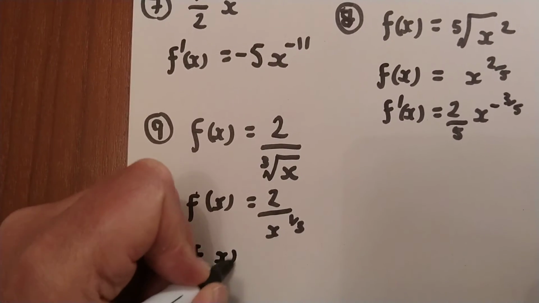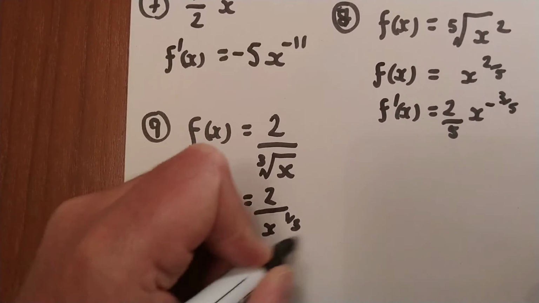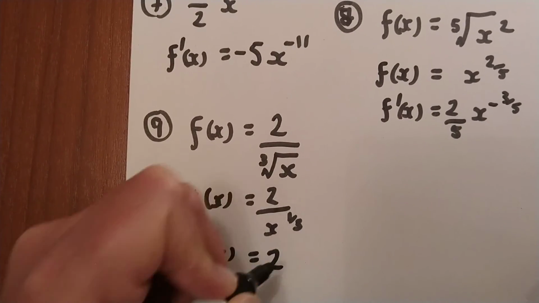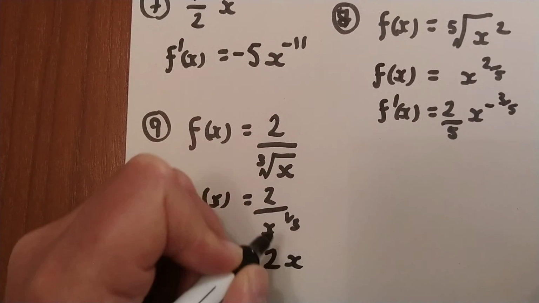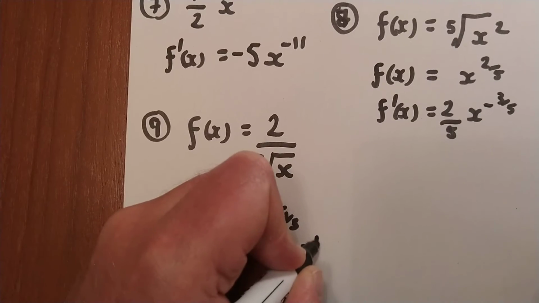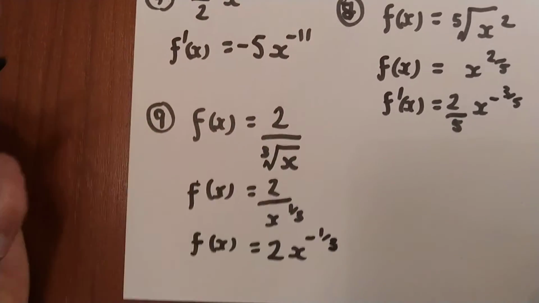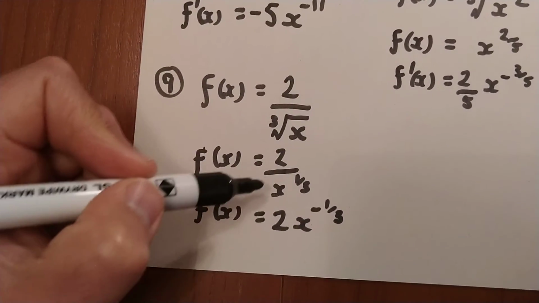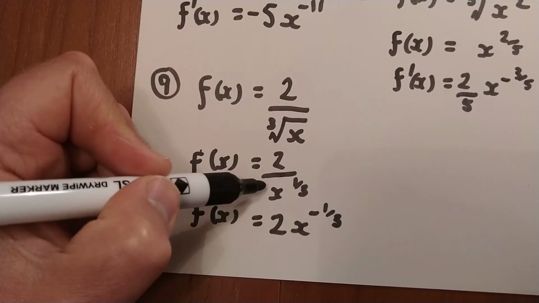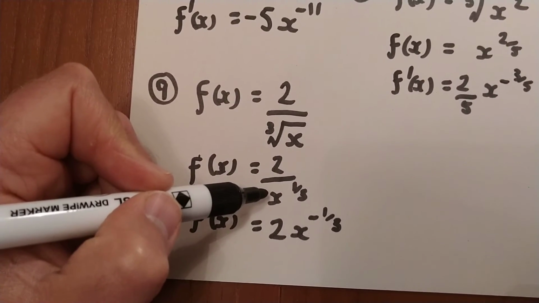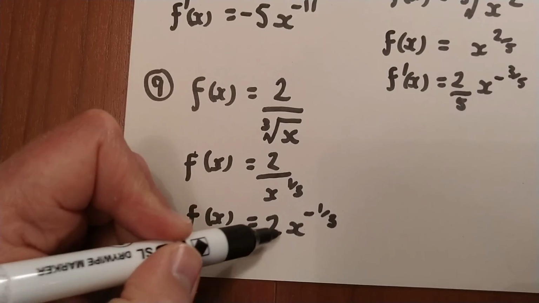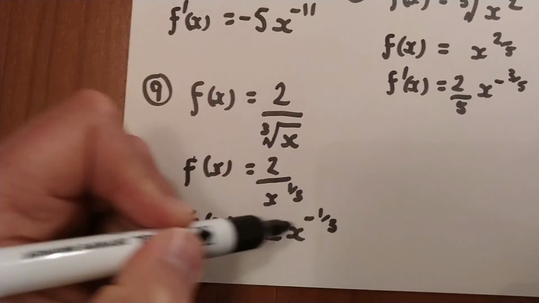So my f of x, bring it to the top, 2x, change the sign of the power. Of course, if there was a number, a coefficient in front of the x, I would leave it underneath. I don't know, if it was a 5 or something, I would write 2/5 and bring the x term up.